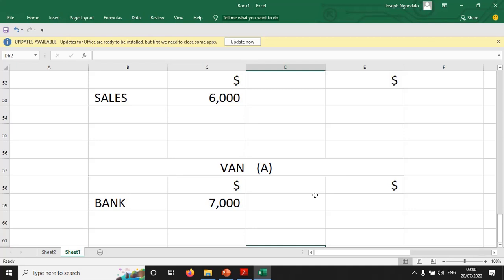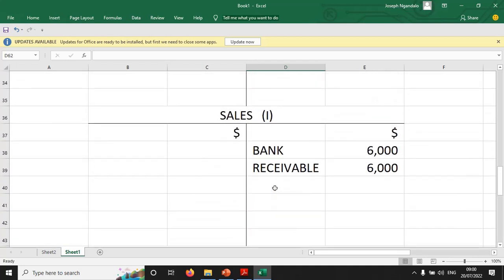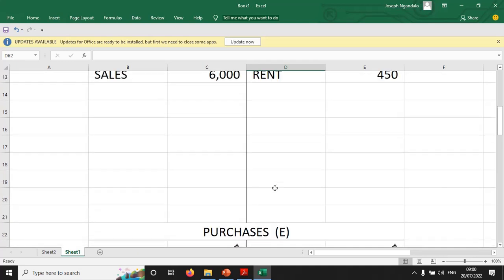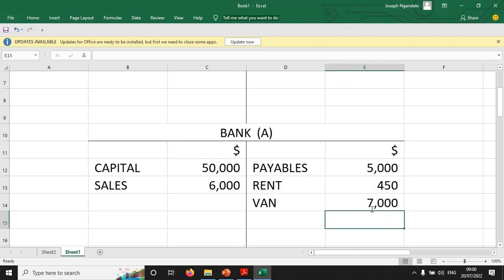It's a very good foundation for succeeding classes, including financial reporting and advanced financial reporting. Okay? Can I progress? Bank must be credited with the same amount. How much?